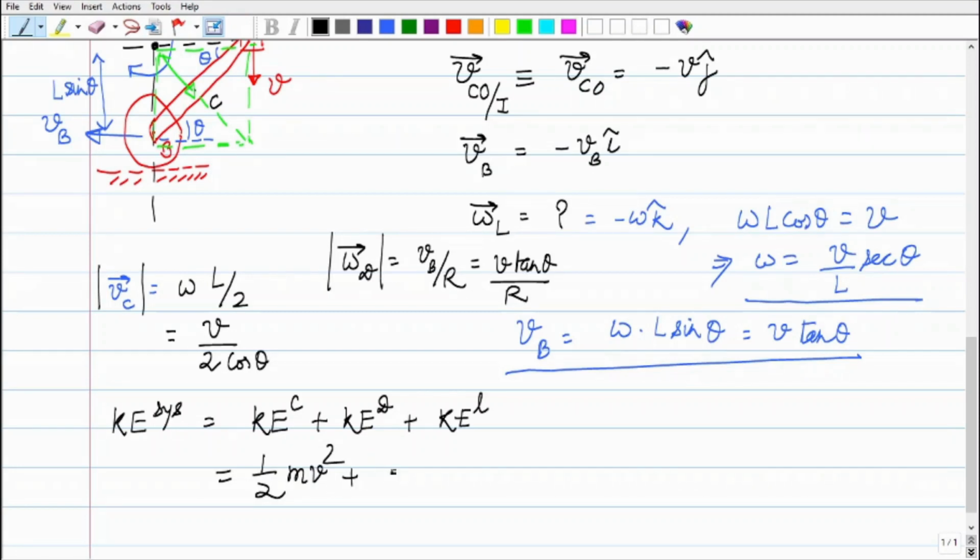Alright, so coming back, kinetic energy of the disk has two parts, translational and rotational. The translational kinetic energy is half into m1 into VB squared, which is V squared tan squared theta, plus half I omega squared. You see, this is a planar problem, so it's rotating about an axis which is coming out of the paper, perpendicular to the paper.